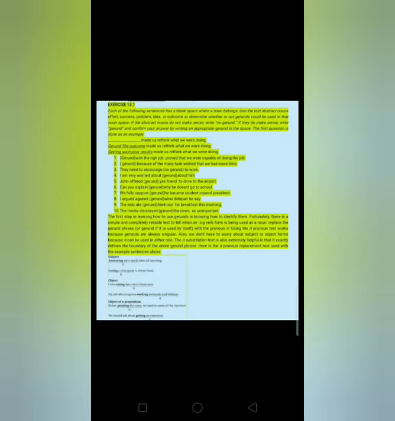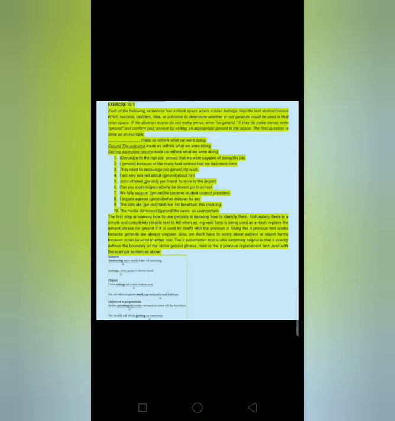1. Gerund. With the right job proved that we were capable of doing the job. 2. Gerund. Because of the money tax we had that we had more time. 3. They need to accord and encourage no gerund to work. 4.